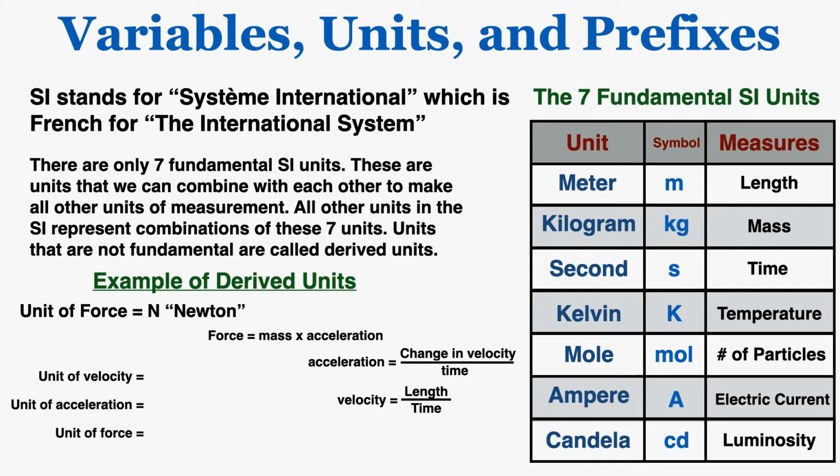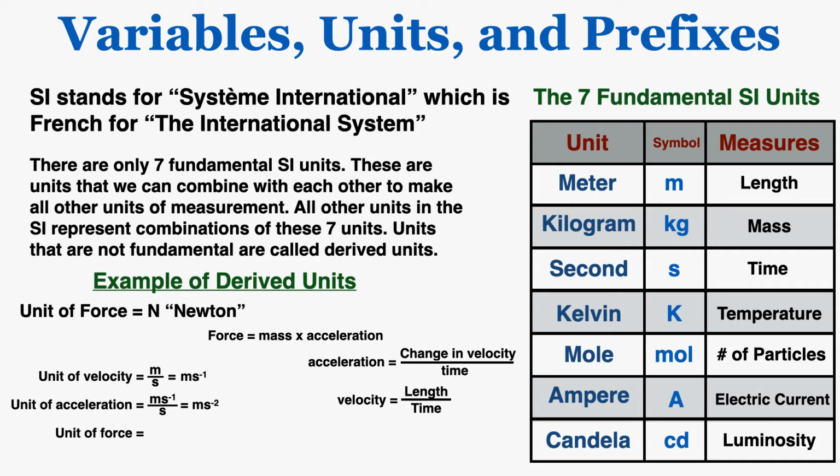So because velocity is length, which is measured in meters, over time, which is measured in seconds, the unit of velocity is a meter per second, or a meter times second to the power of -1. And because acceleration is velocity over time, the unit of acceleration is the unit of velocity over the unit of time, which is equal to a meter per second squared.